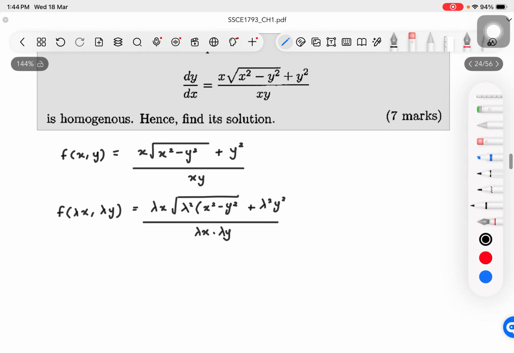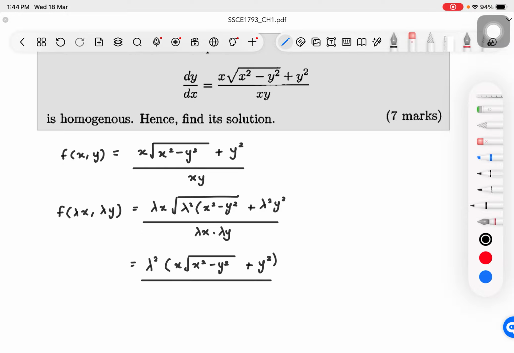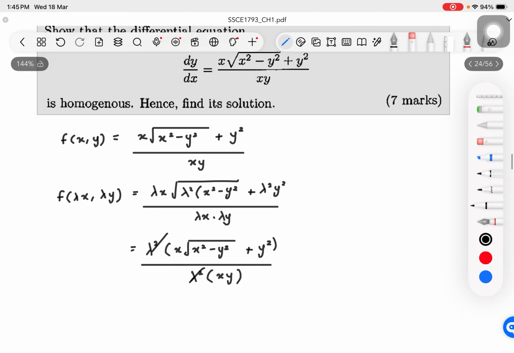Now we want to cancel down the lambda. So this becomes lambda squared, x squared minus y squared plus y squared, over lambda squared xy. We cancel the lambda, so it means that this is equal to f(x,y). So we can say that this one is homogeneous. Okay, so shown.